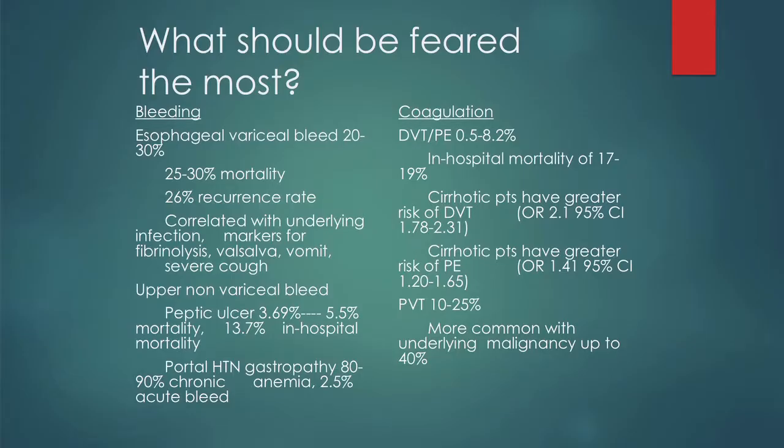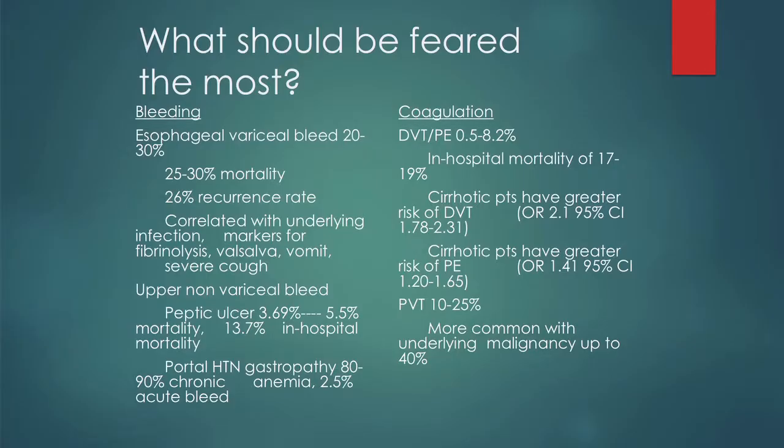Then we have other bleeds, going back to the bleeding side, that are less common, but also could be significant. So those that are not variceal bleeds, like peptic ulcer bleeds, for example, 3.6 to 5.5%.